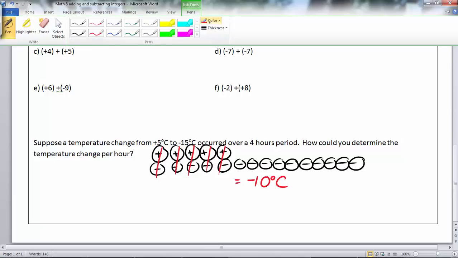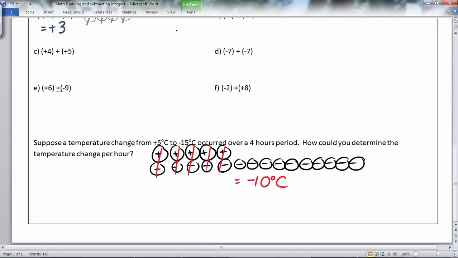Now, we haven't answered the question exactly. They want to know how would you figure out the temperature change per hour? So this happened in 4 hours. We went from positive 5 to negative 15. That's a difference of 20 degrees. If I were to look at a number line, from positive 5 all the way down to negative 15, I have to jump 20 times.